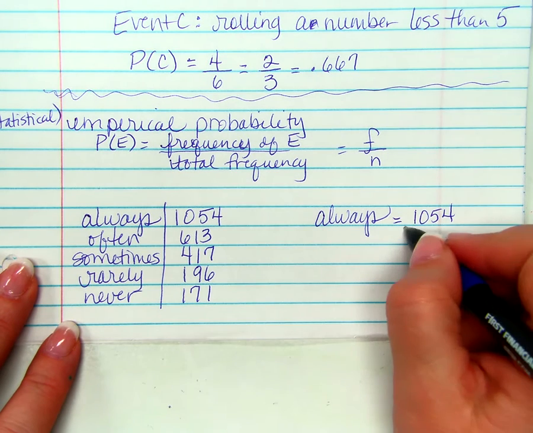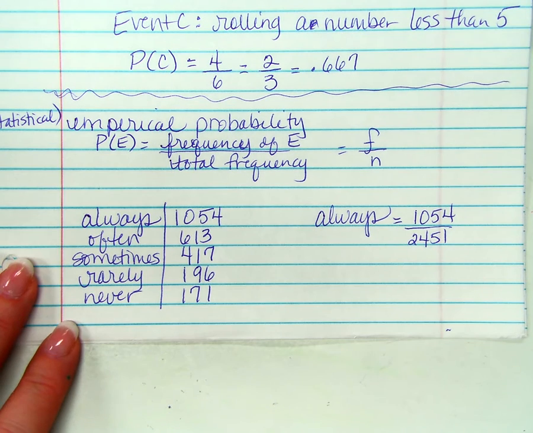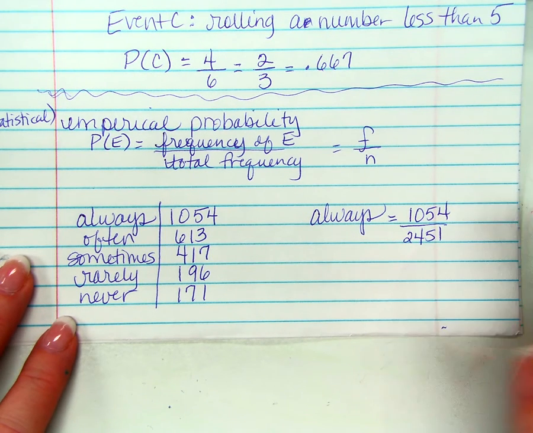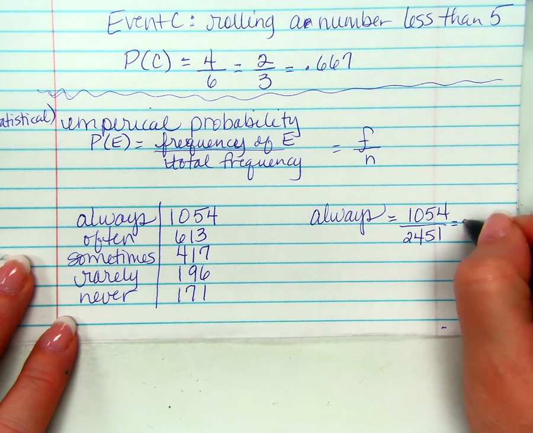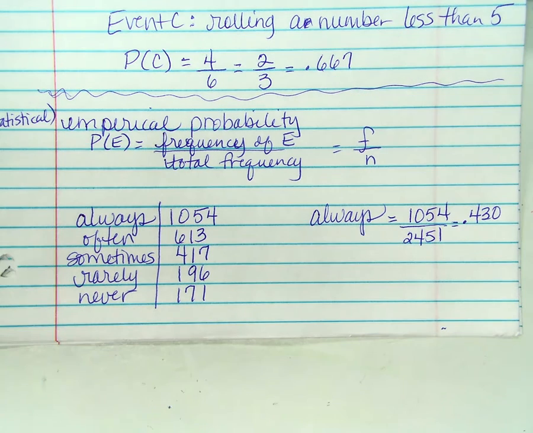All those added together. So 2,451. Now, that's a perfectly fine example of the probability, right? Doesn't really mean anything to us until we look at the decimal. And that's 0.430, so almost half, right? Close to half. Any questions so far?